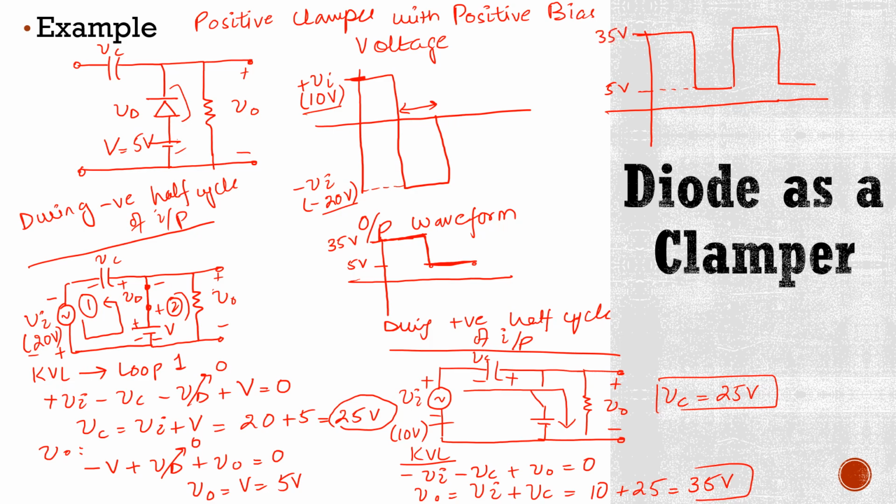Again, here in this input signal, this peak to peak amplitude is 30 volts. And now if you look at this output signal, again here this peak to peak amplitude is 30 volts. This is your output waveform. So this is an example of a positive clamper with positive bias voltage.